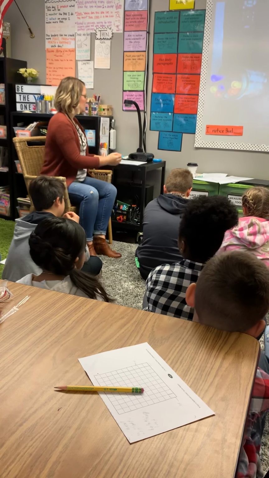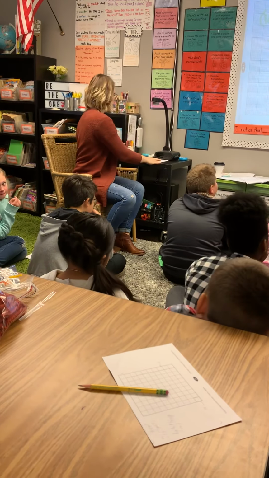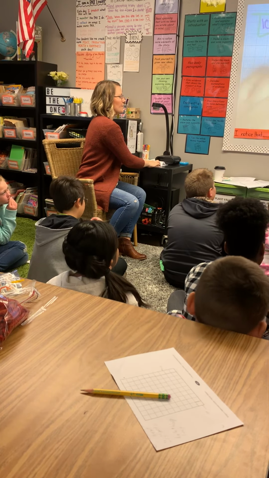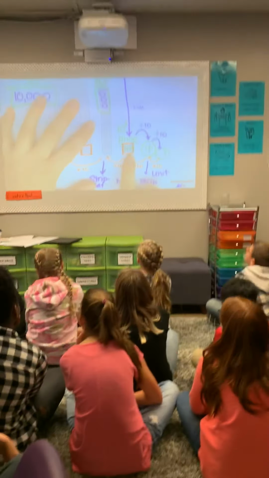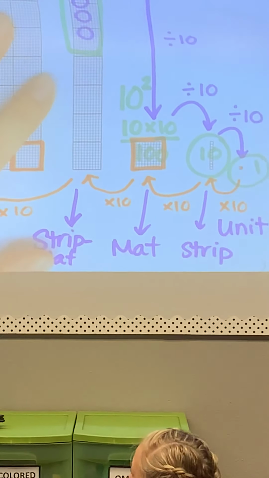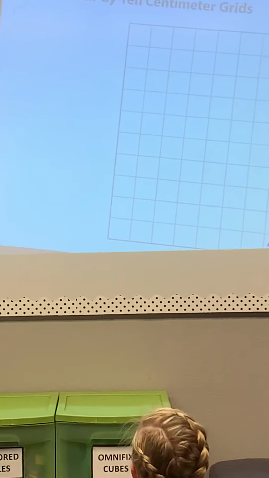Okay. So what I just asked you to do is to zoom in, and I gave you a mat. The mat looked like this. That was our mat.